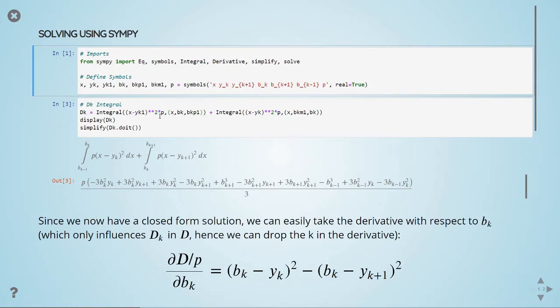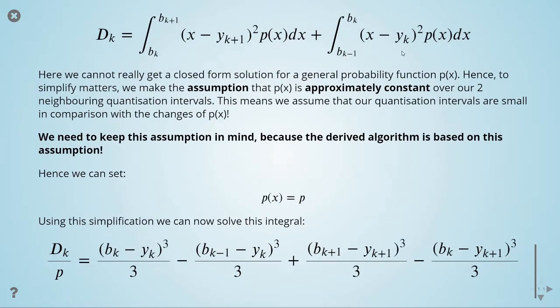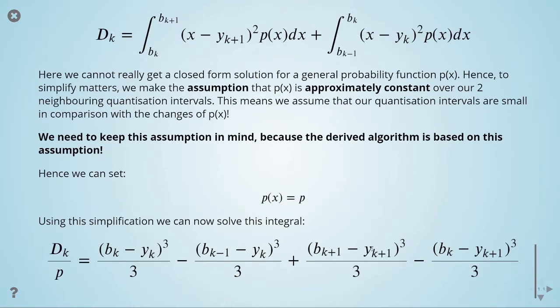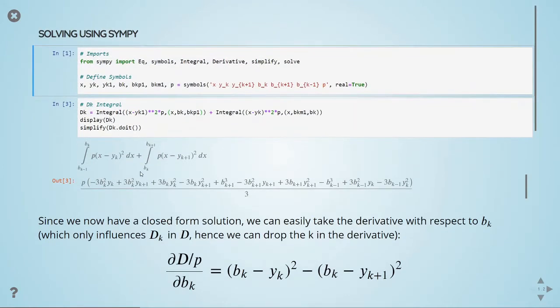Then I am defining here this integral, which is exactly the same as this integral here over two neighboring quantization levels. So we have from b k minus 1 to b k, which is this part here, and then we also have the b k to b k plus 1.